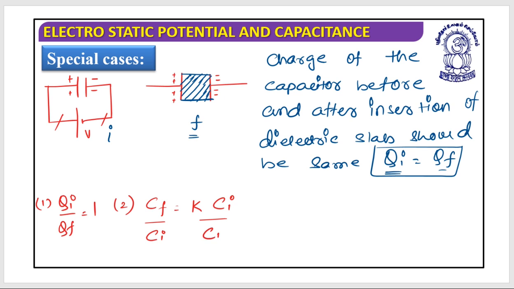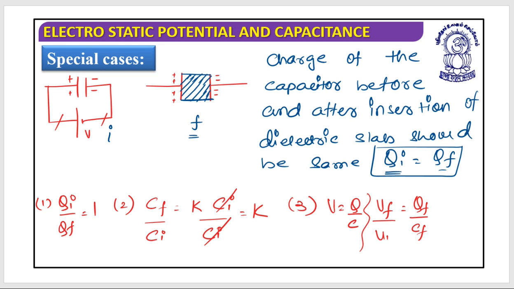C initial is Ci, so this is K times. Next, what about the voltage? What I know is that V is equal to Q by C. So if I take a ratio, VF is equal to QF divided by CF, and VI is equal to QI divided by CI.